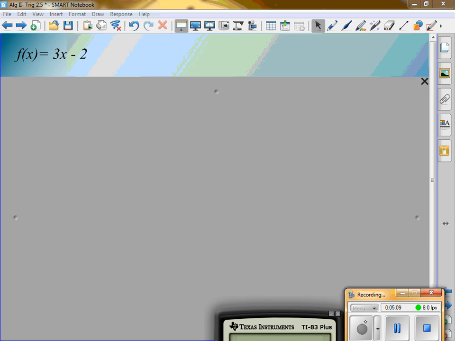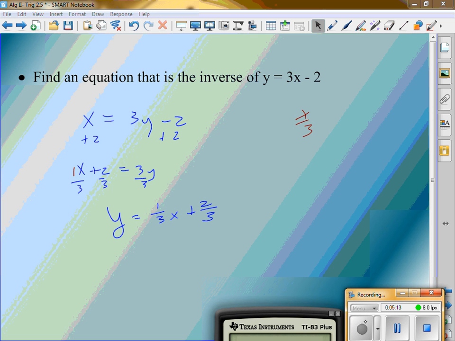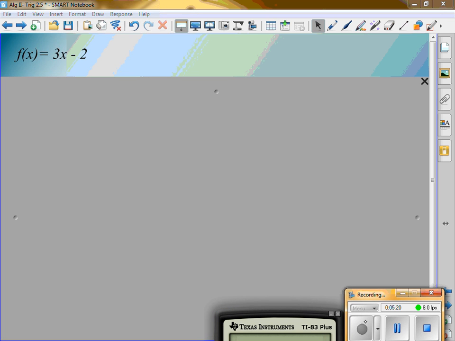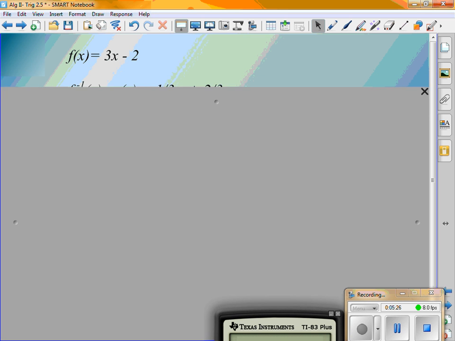f of x equals 3x minus 2. Looks familiar, right? It's the same thing as y equals 3x minus 2. When we're talking about functions, we're talking about function notation. To write the inverse of a function, I do this: f to the negative first power of x.